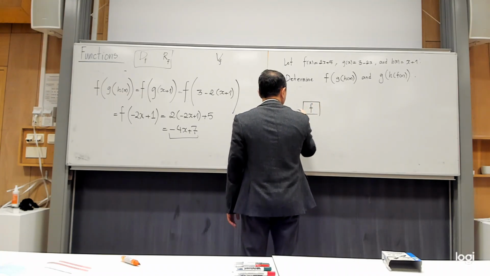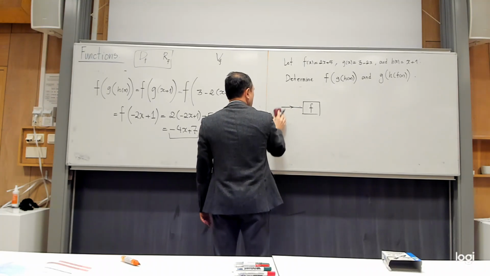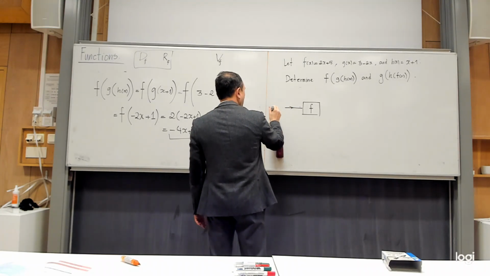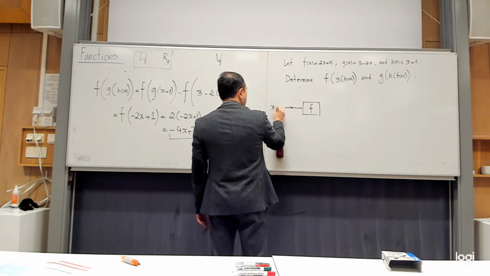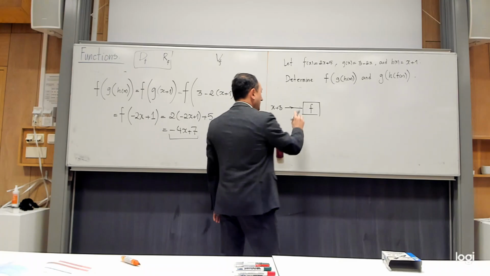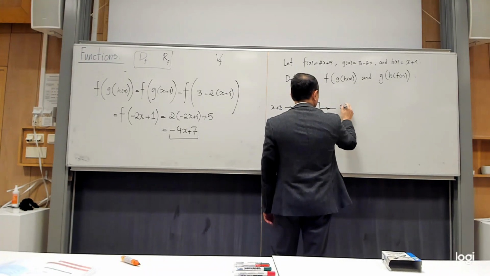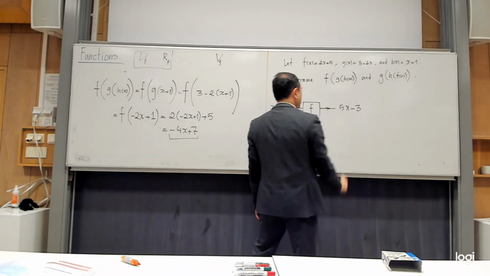Sometimes you don't know the input in a very nice way. So what I mean, I would say that x plus 3 goes into the function and it gives you 5x minus 3.